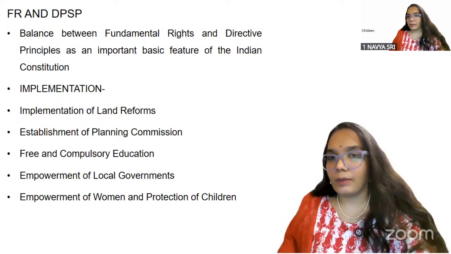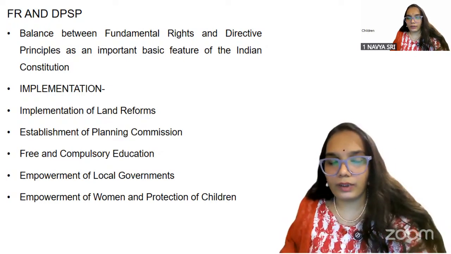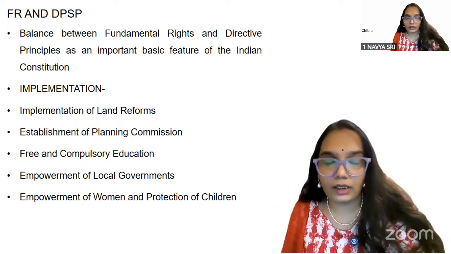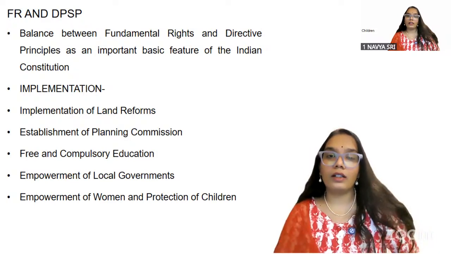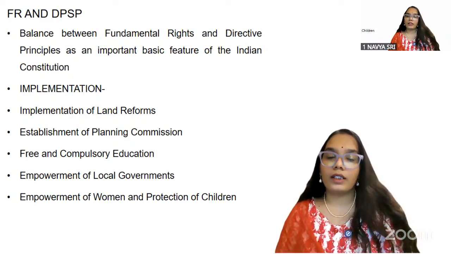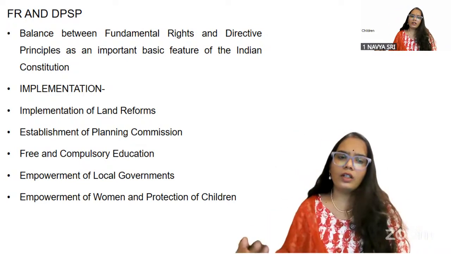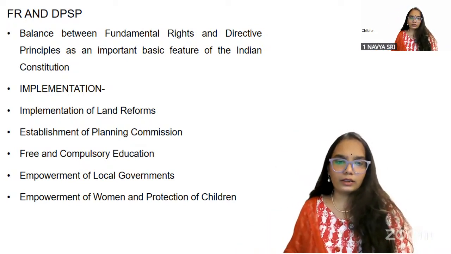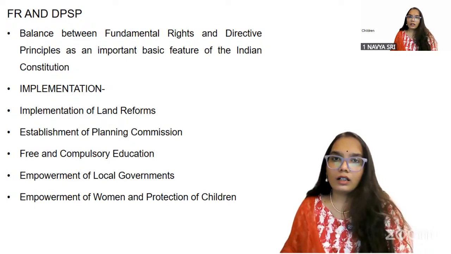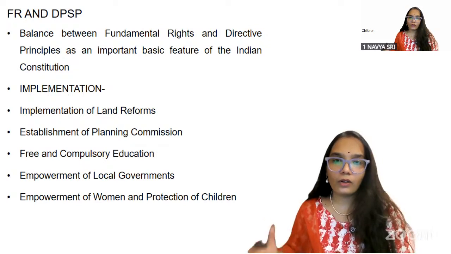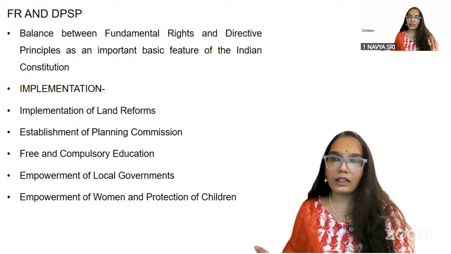Another question would be like, where do I see the implementation of directive principles of state policy? Has the state followed the directive principles through any such implementation in real life? So you can mention all these things where the state has followed or implemented the DPSPs, or followed that rule book, that book of instructions.